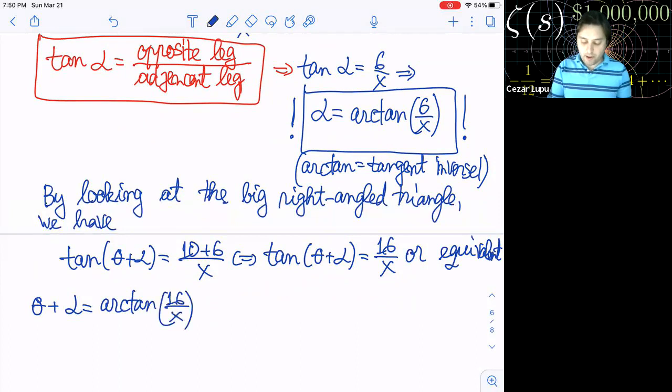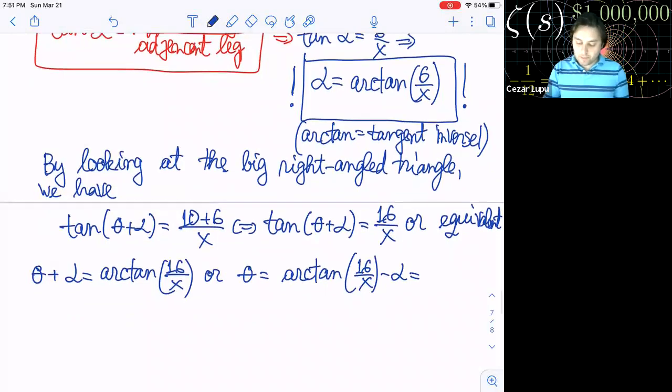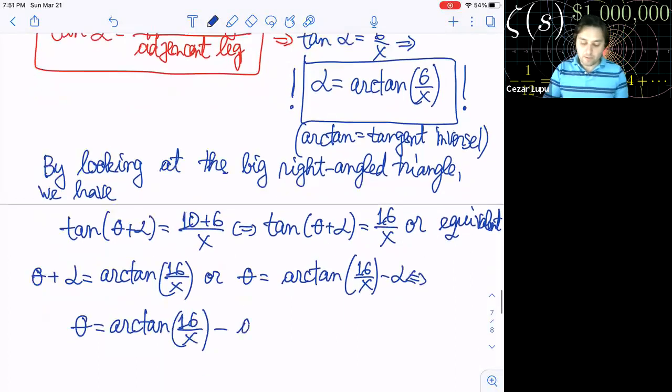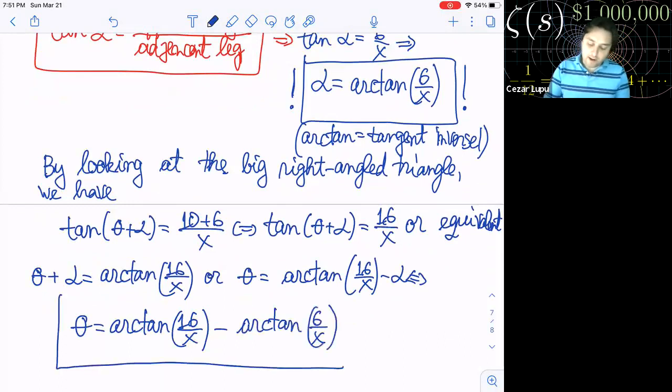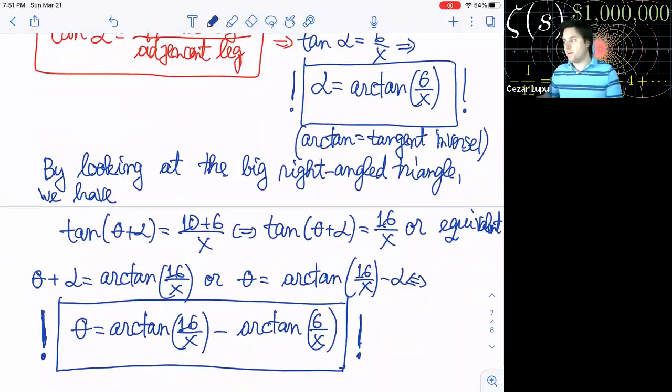Or equivalently, we know who alpha is, so theta is arctangent of 16 over x minus alpha, and alpha is arctangent of 6 over x. And great, we finally managed to write theta in terms of x, right? So this is what we're asked to do in the first one.